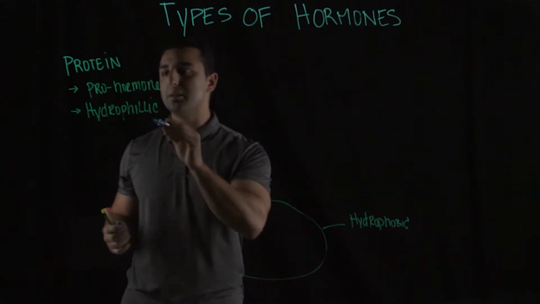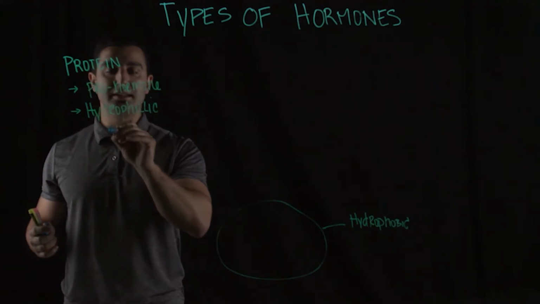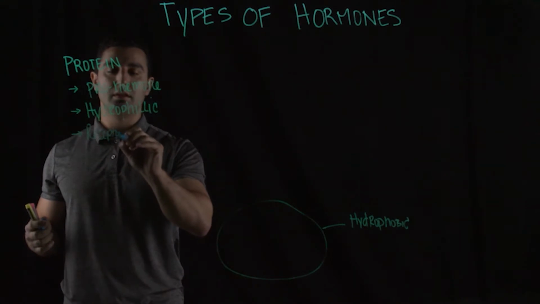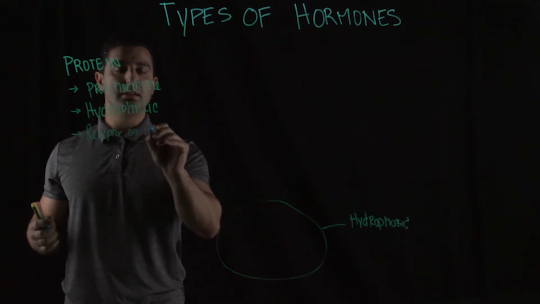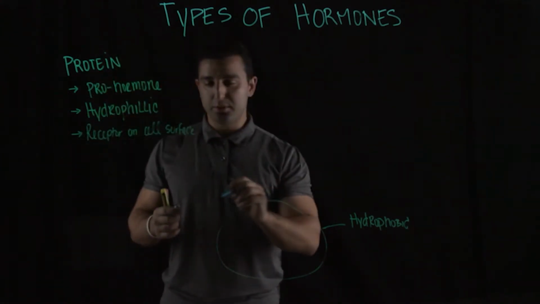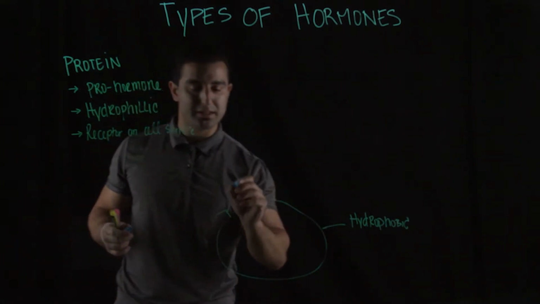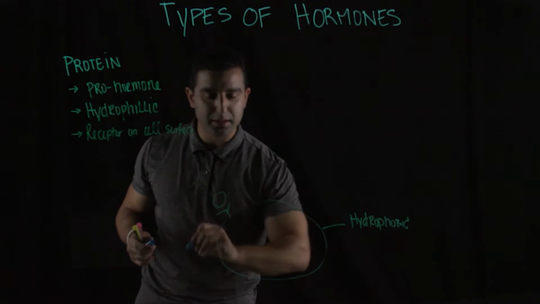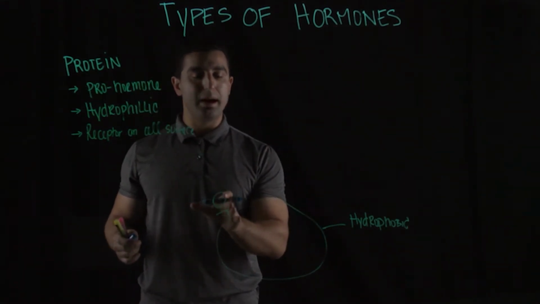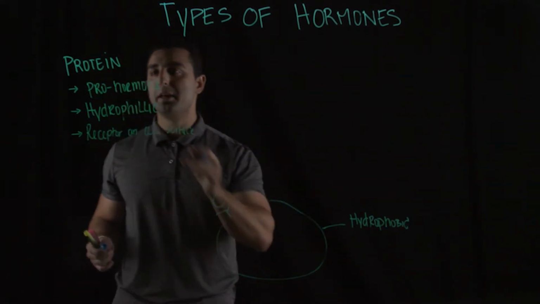Well, because of the hydrophilic nature of proteins, the receptors are on the cell surface, right? The receptor for them is specifically on this little surface here. So if some kind of protein, for example insulin, wants to create some kind of secondary response downstream, it needs to bind to this receptor, because it is unable to diffuse through the actual membrane, all right?